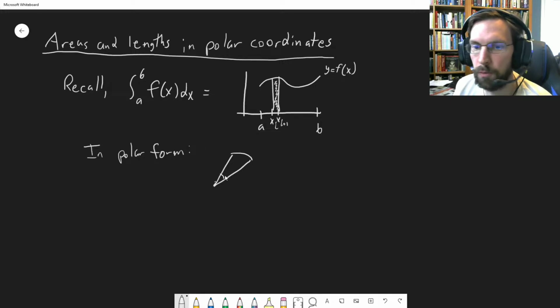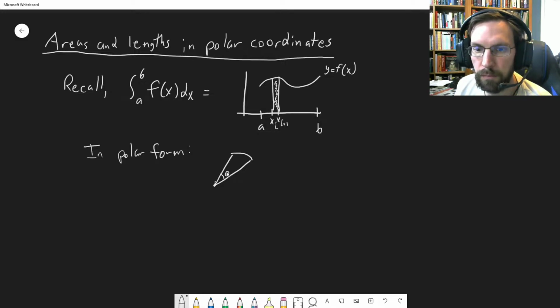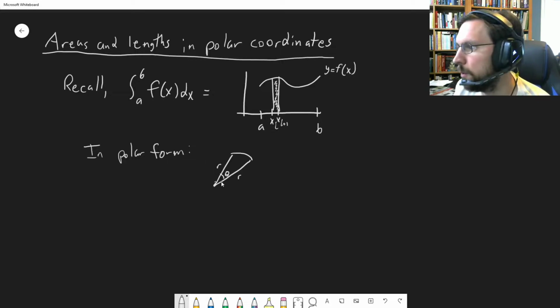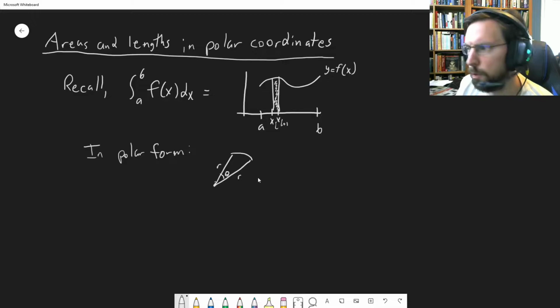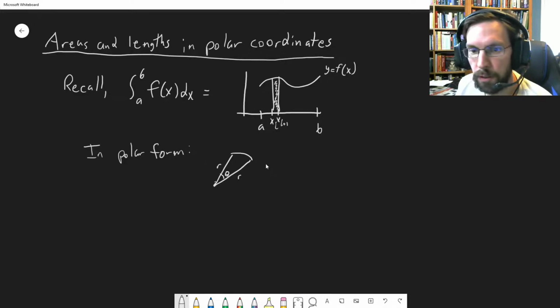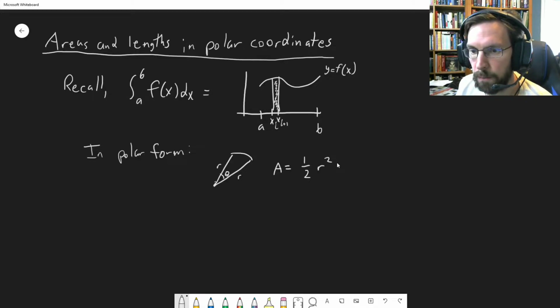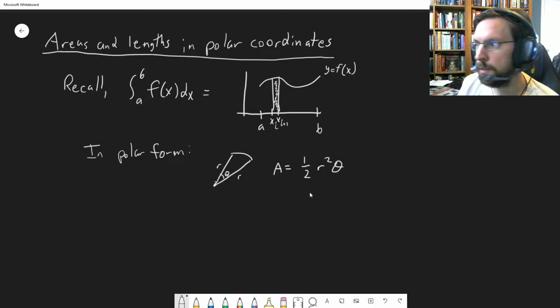So this right here is going to be theta. If theta is small enough, the radius on both sides is going to be the same. We can approximate it to be the same if theta is small enough. The area enclosed by this region is going to be 1/2 r squared theta, where theta is measured in radians.